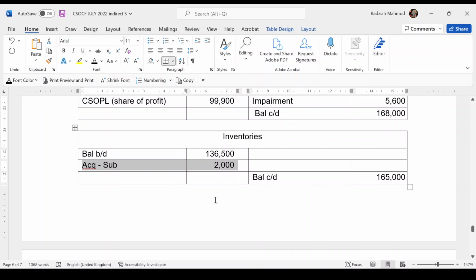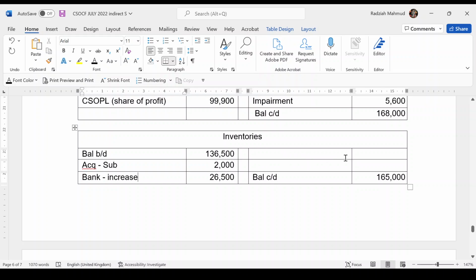If you notice here, the credit is more than the debit. It means that we have acquired some inventories during the year. We can call it increase in inventory.